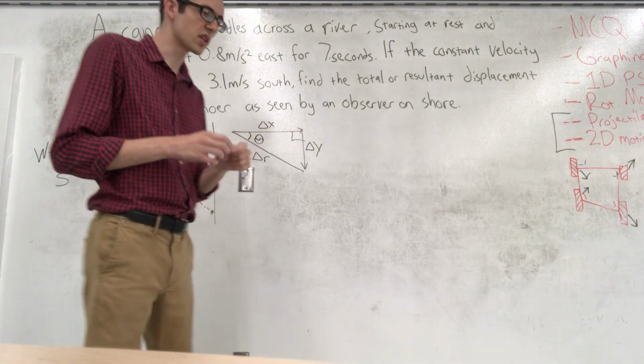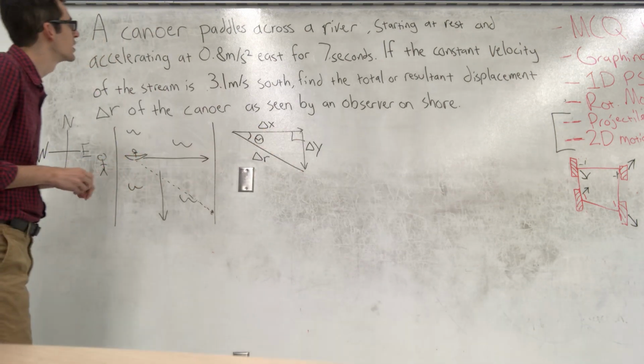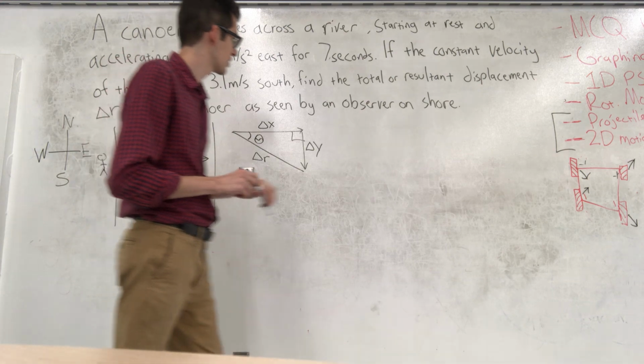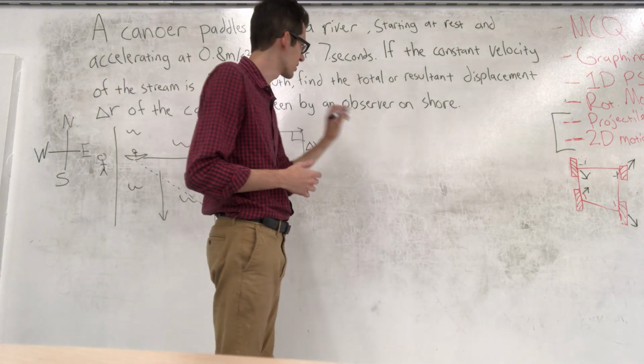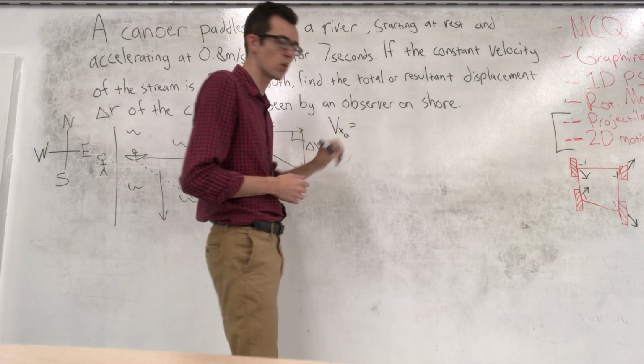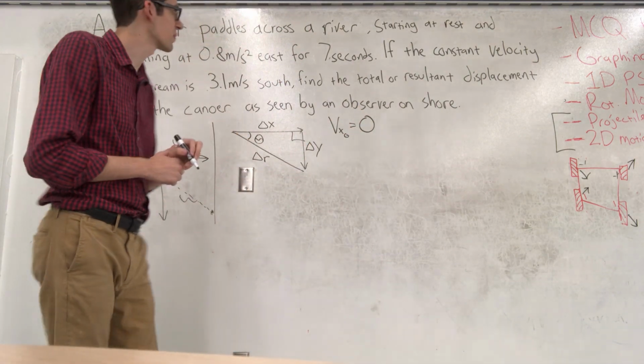First, let's look at our knowns and unknowns for the problem and see if we can find delta X and delta Y. First, we know that our canoer is starting at rest. So as they travel horizontally across the river, Vx initial, their initial horizontal velocity, is 0 because they start at rest.